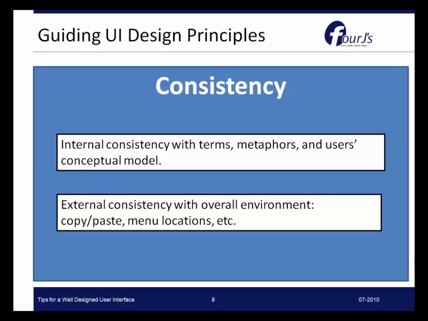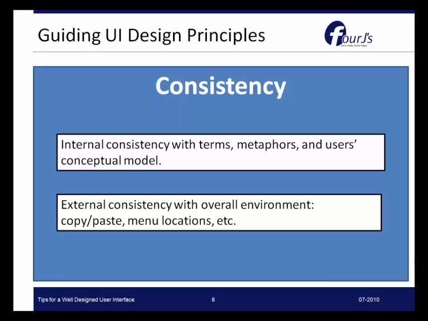So the first design principle to keep in mind is consistency. This means internal consistency with terms, metaphors, and users' conceptual model, and external consistency with the overall environment. So if, for example, you're keeping terms consistent and metaphors consistent, and on the user's operating system a trash can is used for deleting or recycling or sending deleted data away, then that would be a good choice.